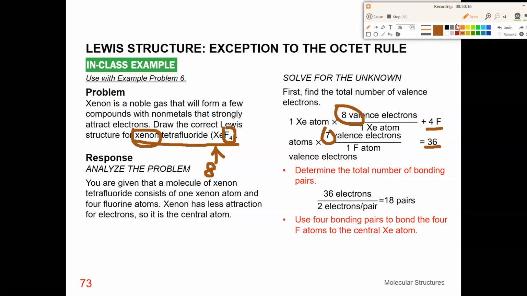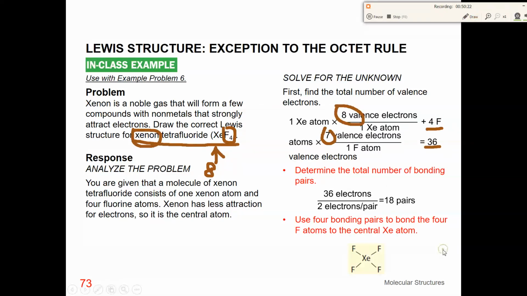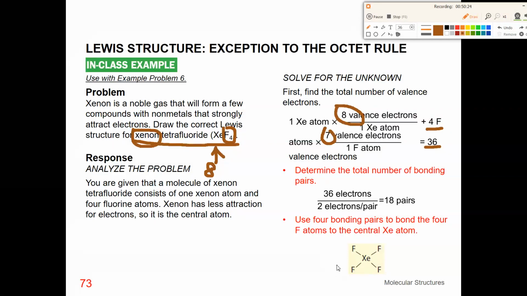Remember we talked about fluorine having the highest electronegativity, so fluorines are always terminal. So in this case, xenon is central and fluorine is terminal.